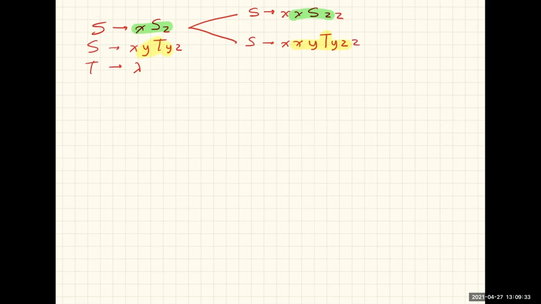And these two represent the first rule, meaning that if we see XX, we need to apply the first rule. The second one, we don't need to expand it. And we know that for the second one, if we see XY, then we need to apply the second rule.